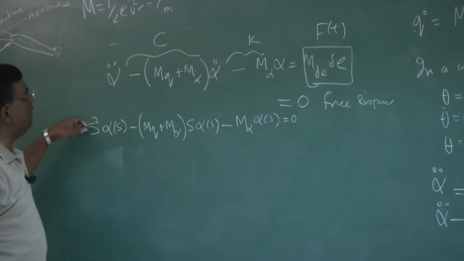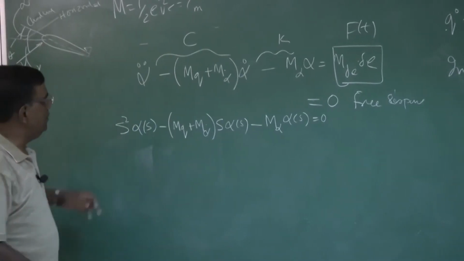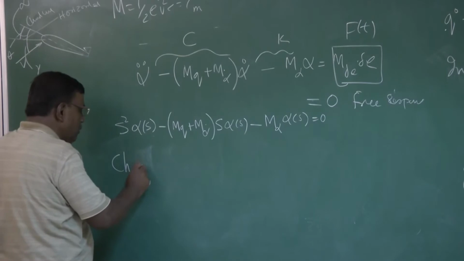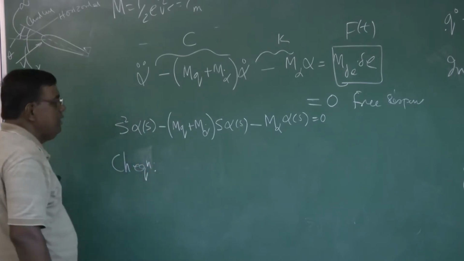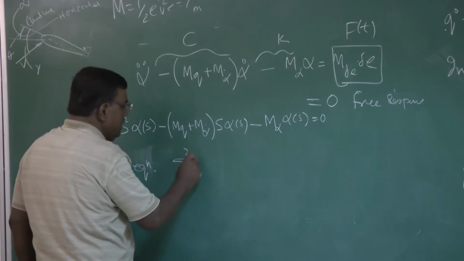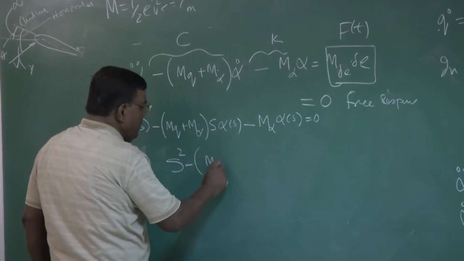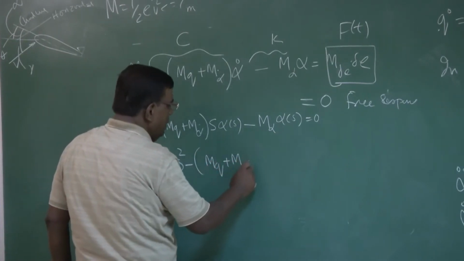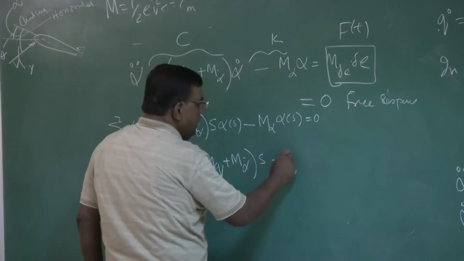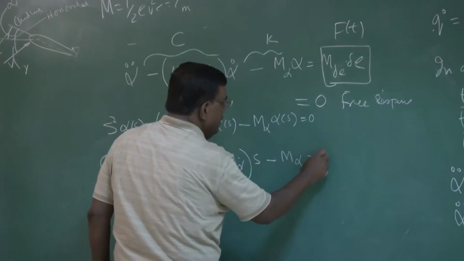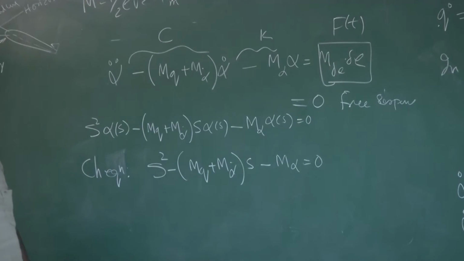I've taken the Laplace transform on this differential equation. So I've got a characteristic equation now, as we got for the mass spring damper system, as s square minus (mq plus m alpha dot) s minus m alpha equal to 0. This is my characteristic equation.